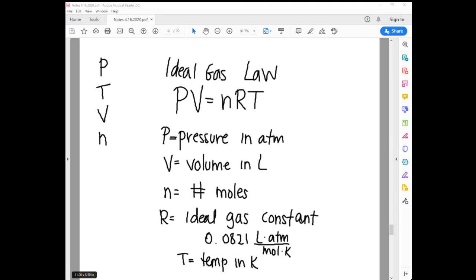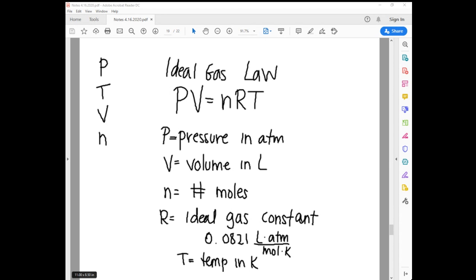R is our ideal gas constant, 0.0821, and notice the unit there, liter times atmosphere divided by mole Kelvin, and then our temperature has to be in Kelvin. And that's the huge thing here, and really where we see the errors that result in this calculation is not getting all of those units correct.